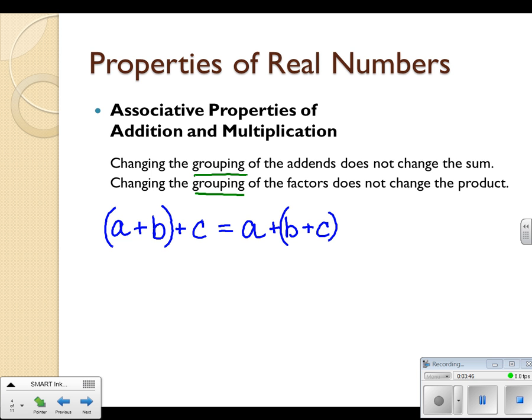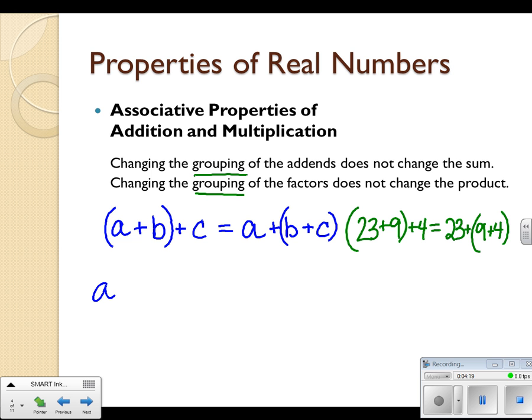Using numbers, if I had 23 plus 9, and then plus 4, I'm showing with those grouping symbols that I am doing 23 plus 9 first, then adding the 4. I would get the same answer if I did 23 plus, in parentheses, 9 plus 4. If I did the 9 plus 4, then followed that by adding 23, it would give me the same thing. And the same is true for multiplication.